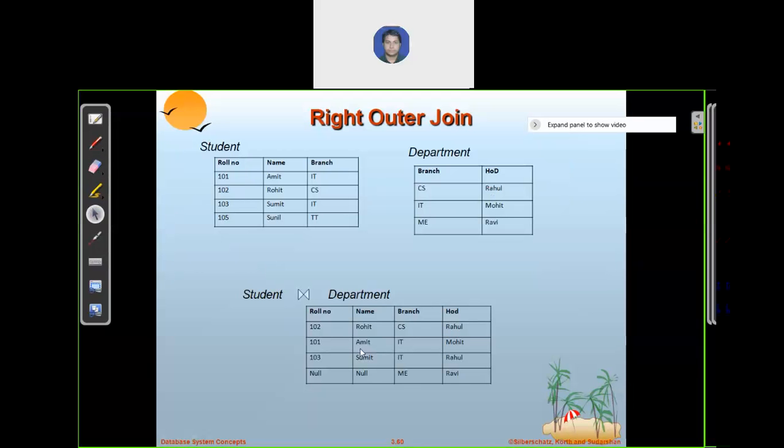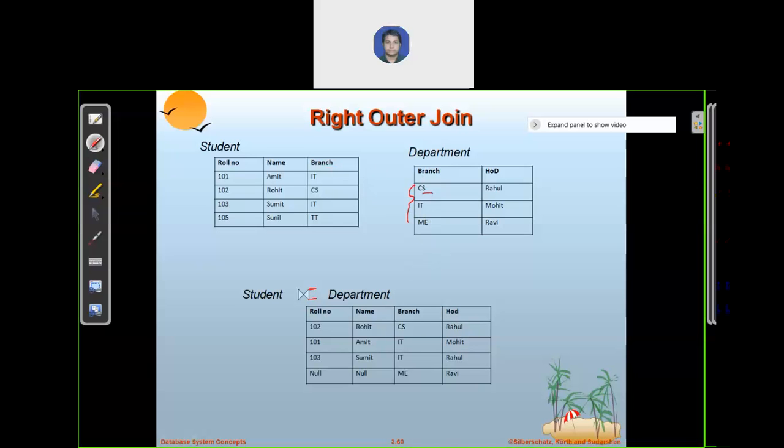Here the same two relations, student and department, and now we are applying right outer join. Okay. Now we will take all three records of this relation: CS, IT, ME. Okay, and establishing the relationship.